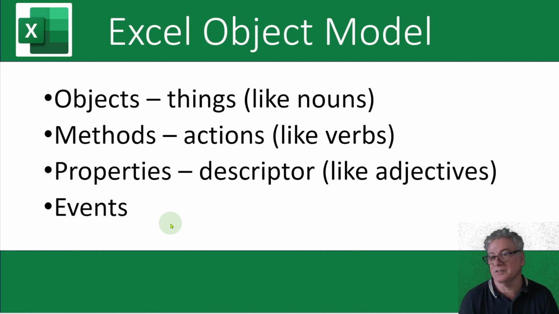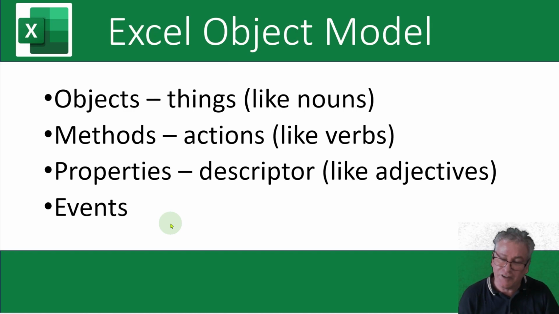They're properties. And then the last one, events. As I said, we're not going to talk about events too much, but events are sort of like a method that the object does. Right, so if you're a human and you eat too much food, you might burp, all right? So you're doing something, but you're not being told to do it. You just do it yourself, you burp, all right?